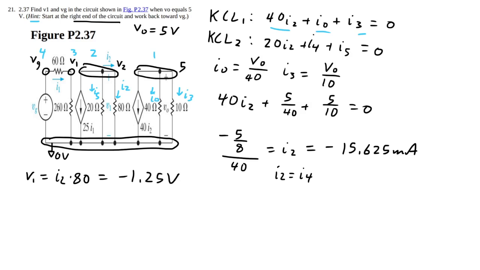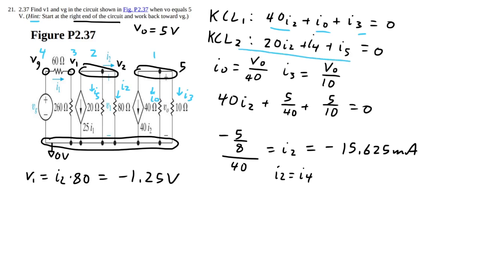So that means that the voltage over here is 1.25 volts higher than the voltage over here. So if we call the bottom one 0 and V1, let's go to KCL2.